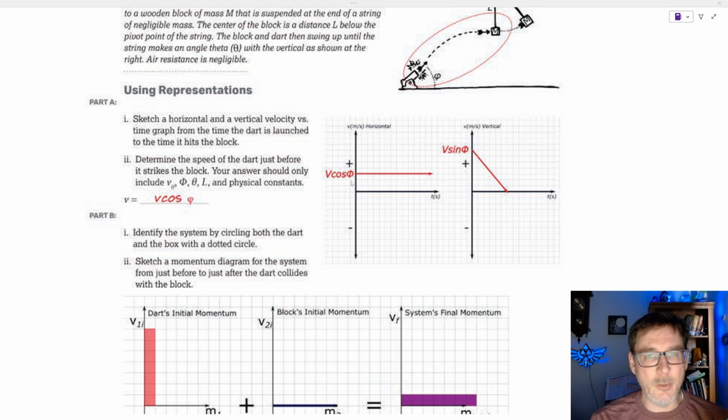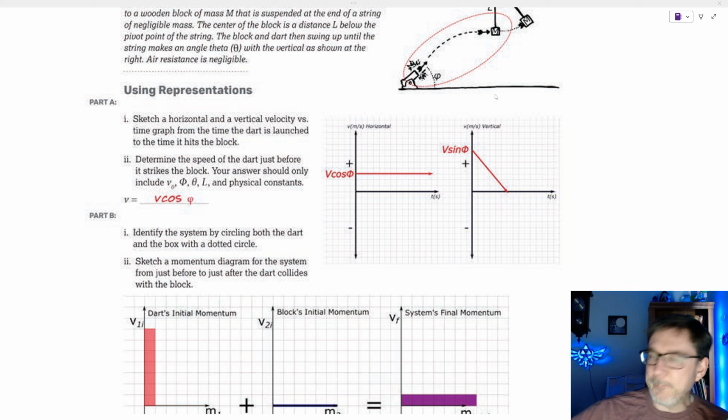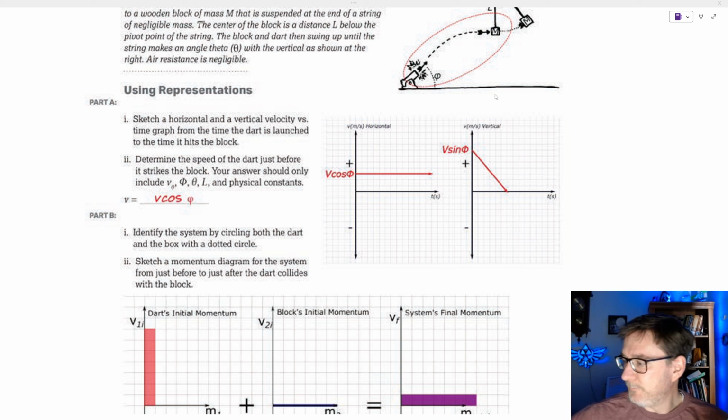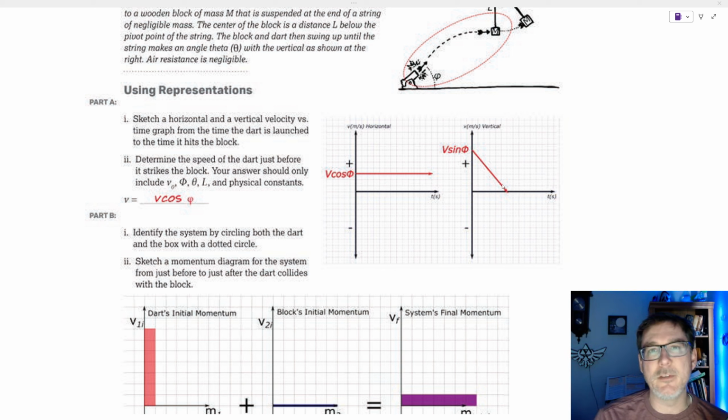This part, the v cosine of phi, is not absolutely necessary at this time, but it does help if you want to draw the triangle diagram to help you see this. For the vertical velocity though, which in our little triangle is going to be v sine of phi, as something is launched upward, the vertical velocity will start off large and it will decrease at a constant rate of negative 9.8 meters per second squared.